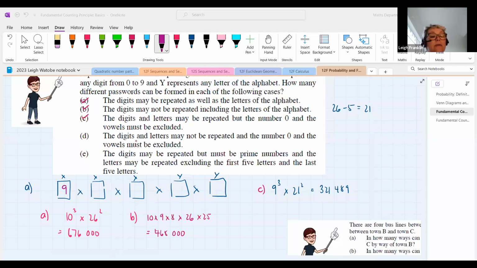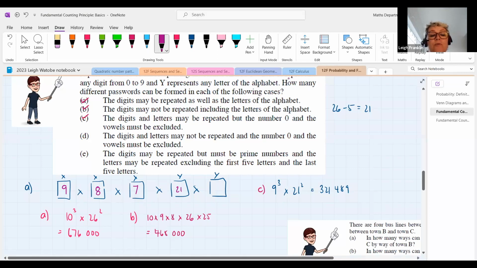Good, 8 ways. And the third box? 7 ways. Good, because repetition is not allowed. Now we would fill the fourth box in. That's it, Awami. 21 ways. And because repetition is not allowed, there would be 20 ways in which we could fill that last box.